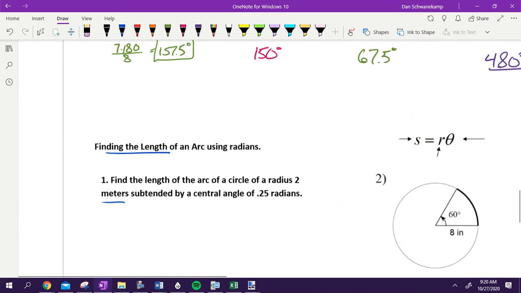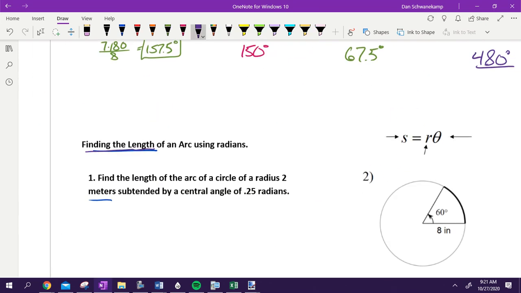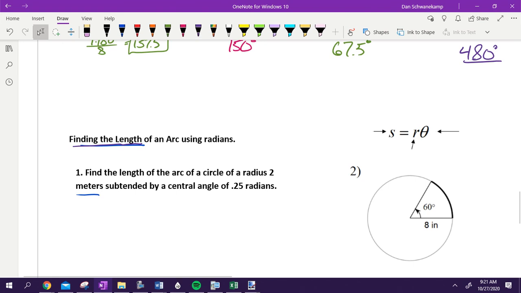All right, down below, we are finding the arc length of an arc using radians. And I'm going to talk through a big fancy formula. And then you probably will never remember that formula again, and that's okay. Instead, use your brain and be able to figure this stuff out. If I want to find arc length, the formula that we use is S equals R times theta. S stands for the arc length.